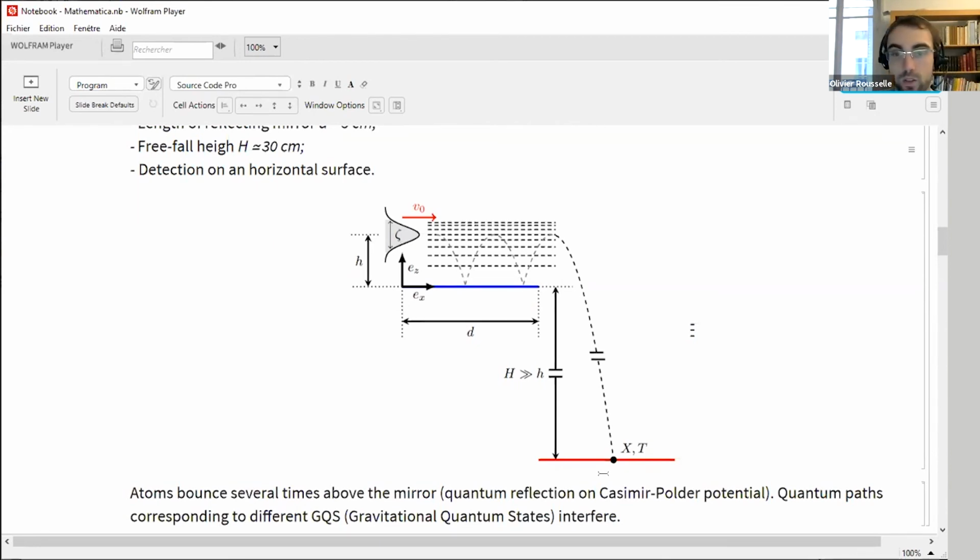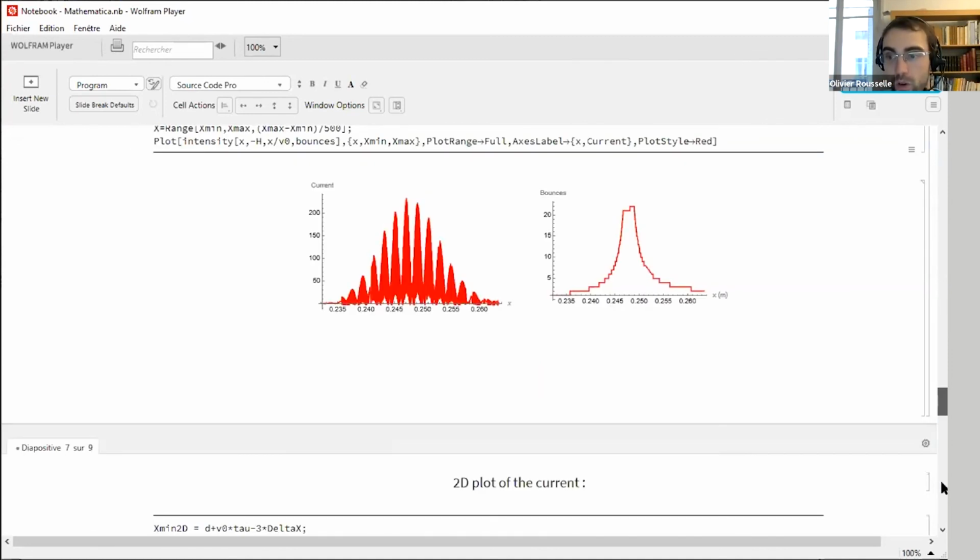And again, the goal is just to have a better precision for the experiment. And for the G-bar experiment, this is really useful to test the weak equivalence principle with a high precision, but for antimatter.